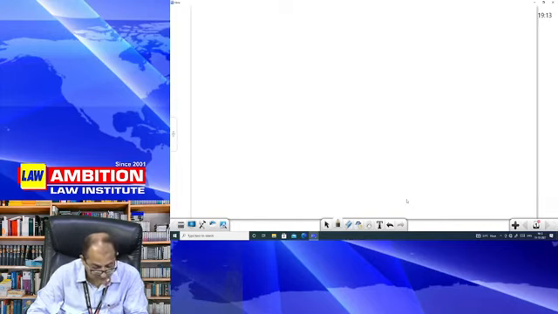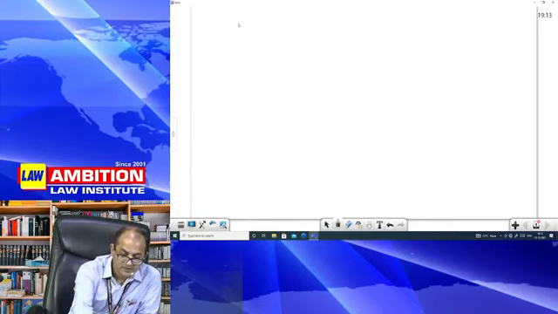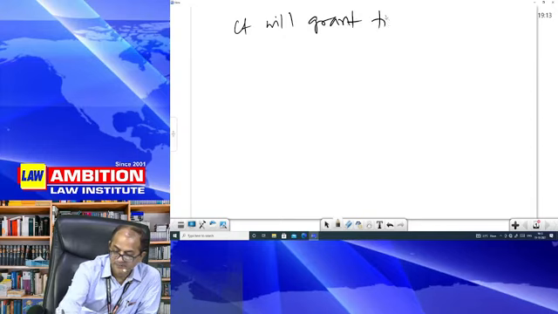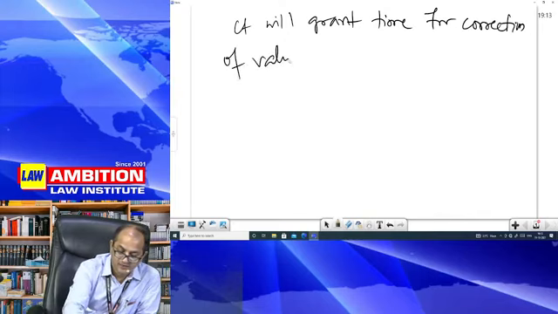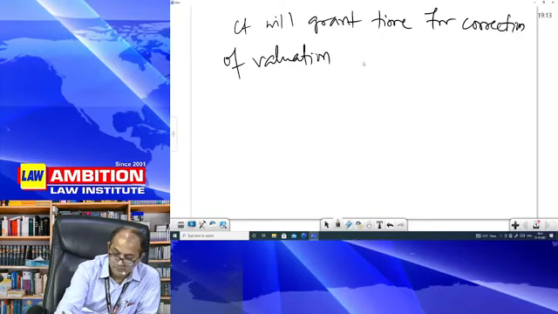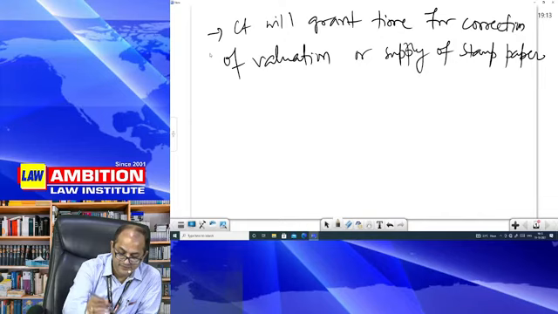So the proviso says now, the court will grant time for correction of valuation or supply of stamp paper.